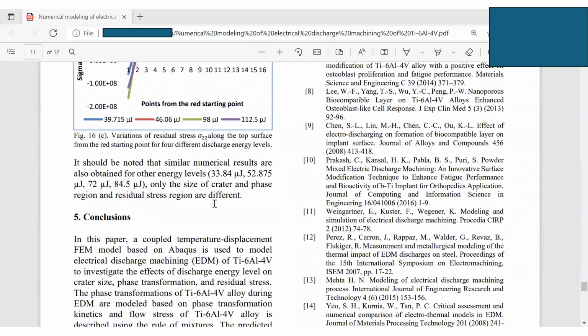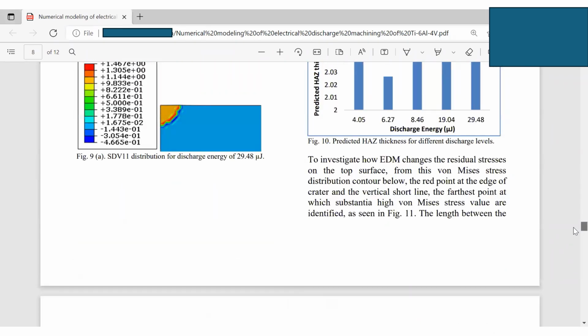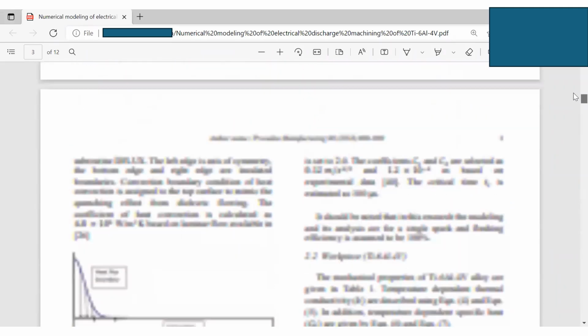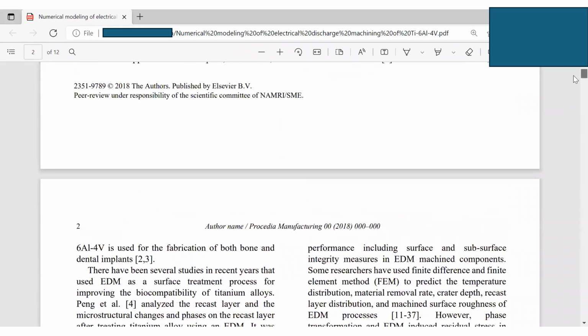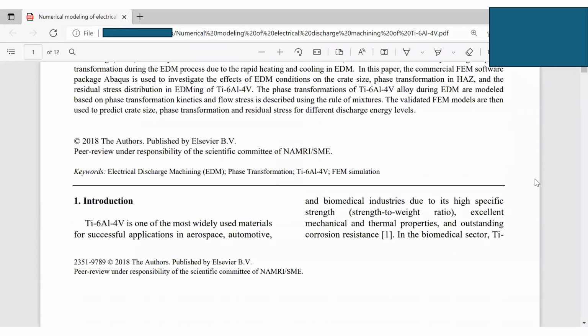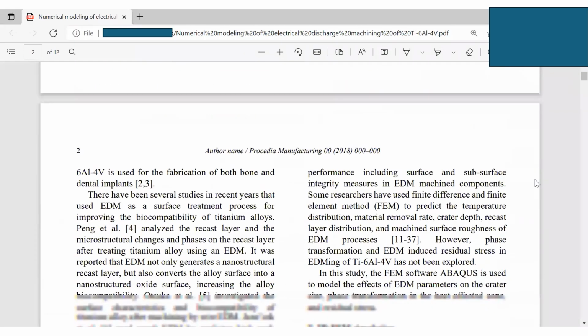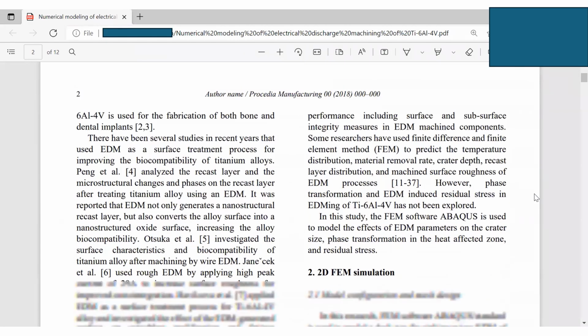So this is pretty much what we have about numerical modeling of EDM machining of this titanium 6 aluminum 4 vanadium. Based on this paper, what I'm going to test you on is, for this titanium 6-4, what are the physics we have, and after we machine it, what kind of physics we will have?